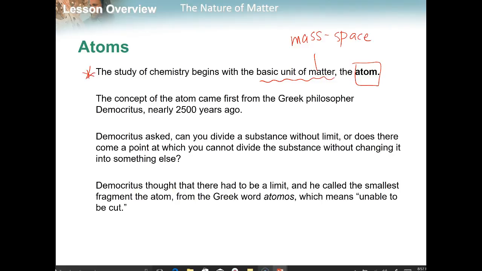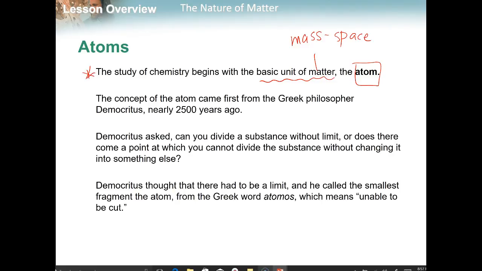He discovered that if you broke a piece of matter up to the smallest fragment, you would get an atom. He chose the word atom from the Greek word atomos, which means unable to be cut.